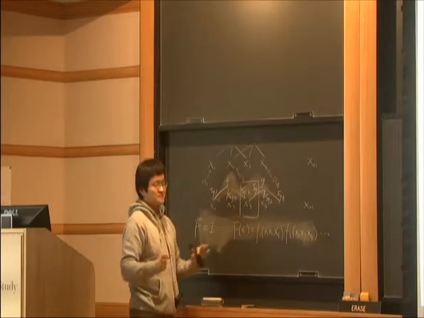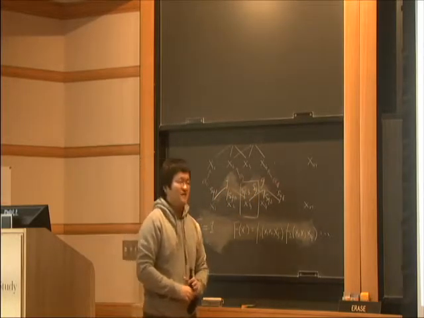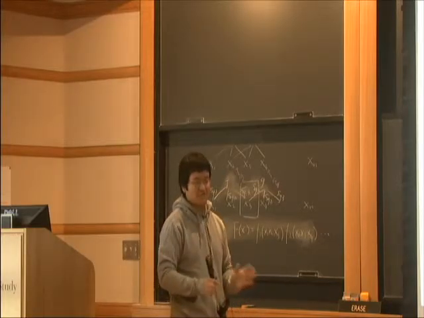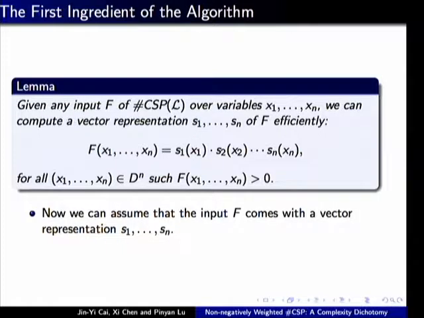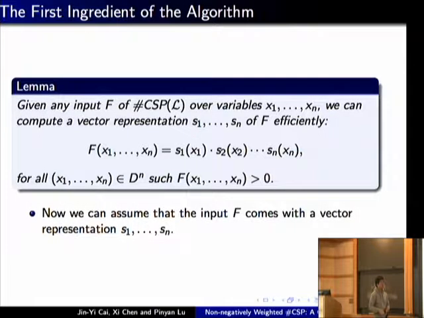And you update all the other coordinates in the same way. And you look at all the constraints one by one, and finally you can show that all these vectors you get is actually a vector representation of capital F. So now we can assume that even for this input, we already have a vector representation.